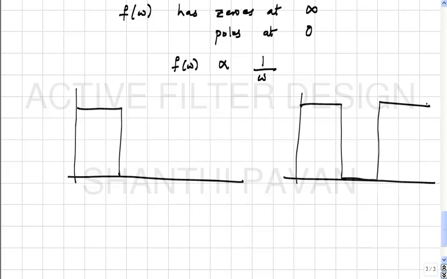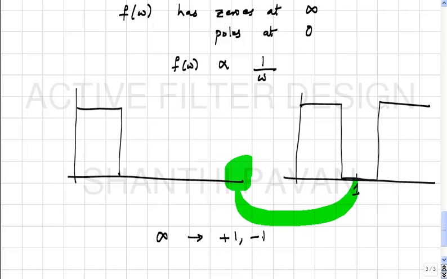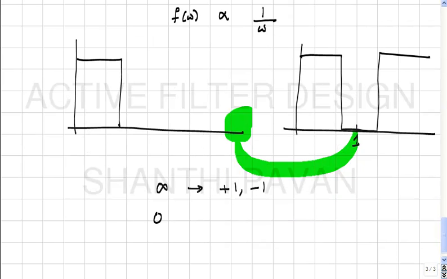So what happens at infinity in the prototype must happen at 1. Very good. We'll choose this to be 1, plus minus 1. So whatever happens at infinity must happen at plus minus 1, and whatever happens at 0 must happen at 0 and plus minus infinity.